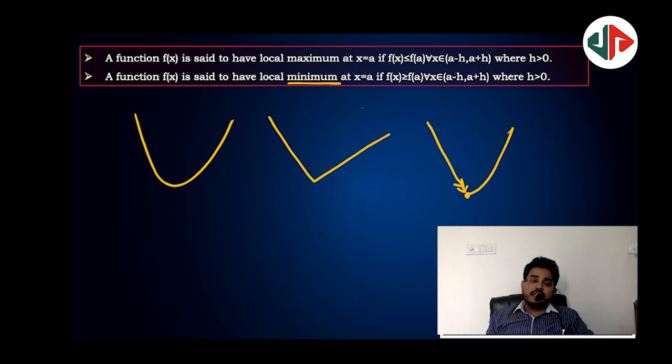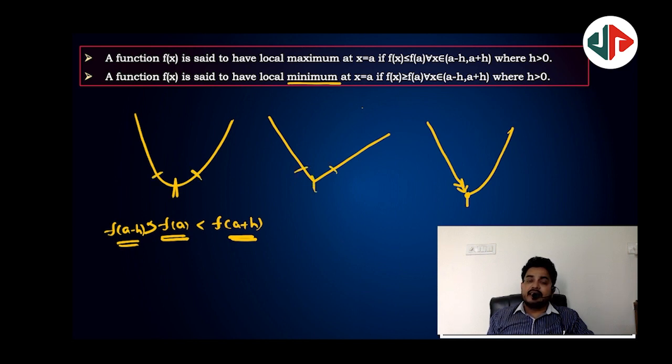So continuous, f of a is less than f of a plus h, and less than f of a minus h. So f of a minus h and f of a plus h both are greater than this, in this case and in this case and in this case. So we can call it as local maxima, local minima.